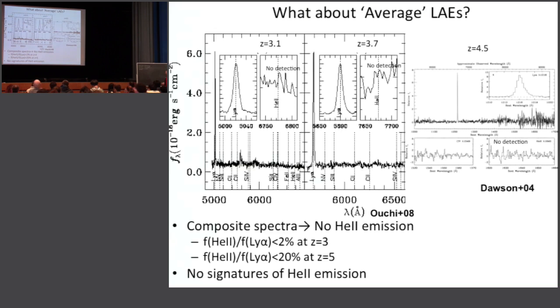And what about the average Lyman-alpha emitters? Well, you have no helium-2 detections, even when you stack. So you can place upper limits on the helium-2 emission line for redshift 3 to 5. So there is no significant detection of helium-2.